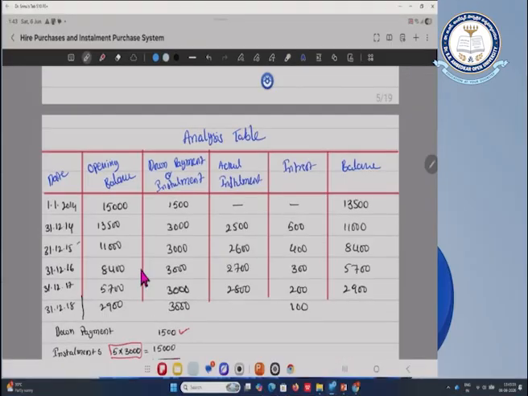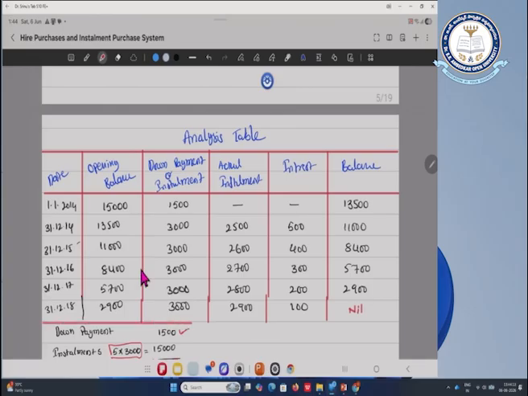What is the remaining balance? 2,900 is the balance. So, at the end of the 5th year balance 2,900, but we paid 100 rupees. If you observe, these both are tallied here. Our actual installment is 2,900, our interest also 100 rupees. So, end balance nil.